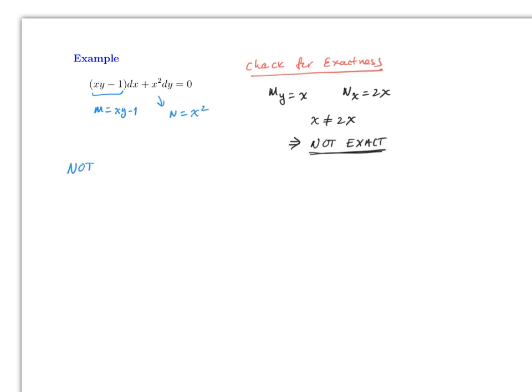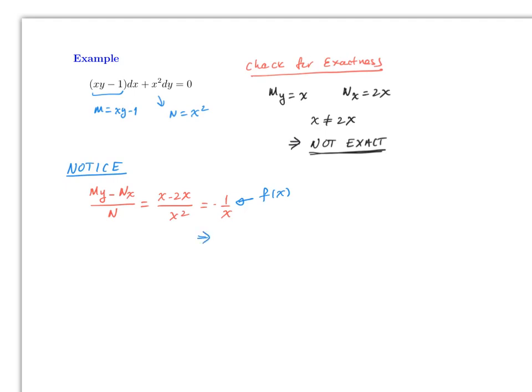Notice that the partial of M with respect to y minus the partial of N with respect to x, over N, gives us the following. This is x minus 2x over x squared, which is equal to negative 1 over x, which is a function that depends on x only. So therefore there is hope.